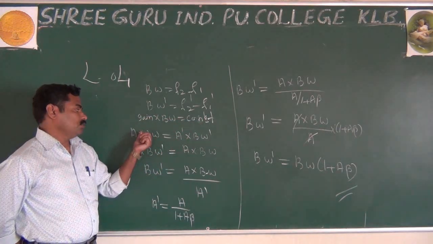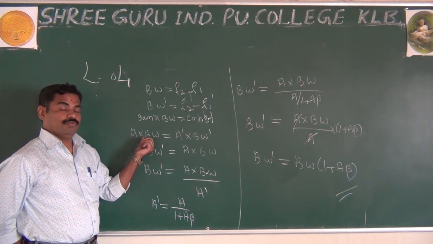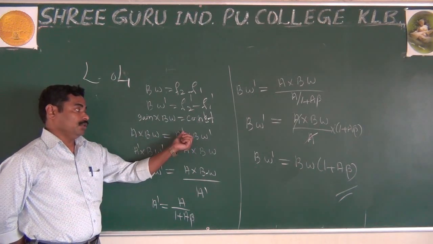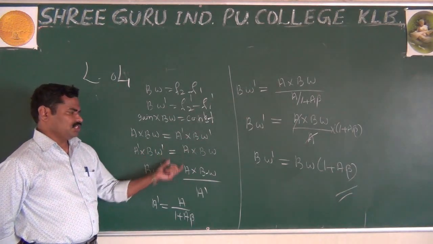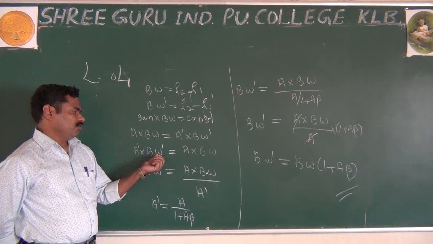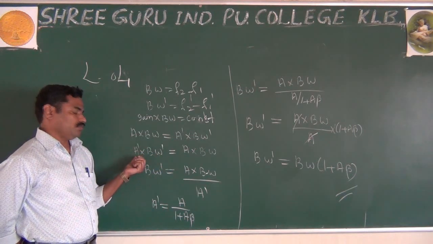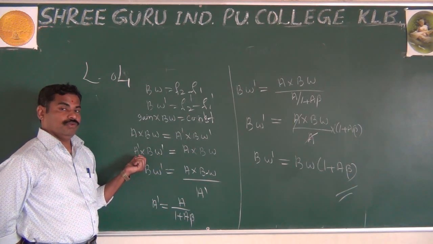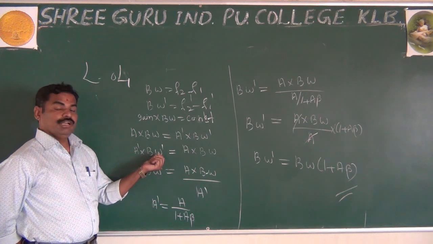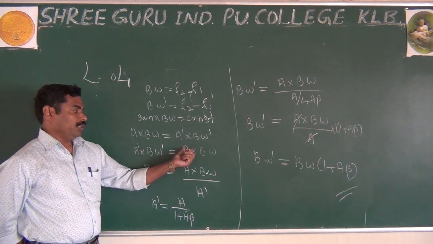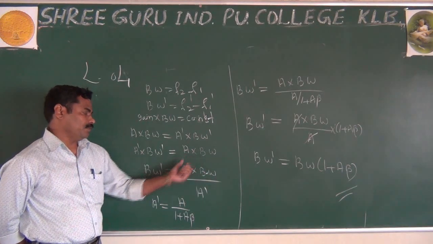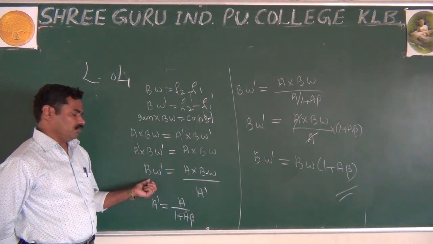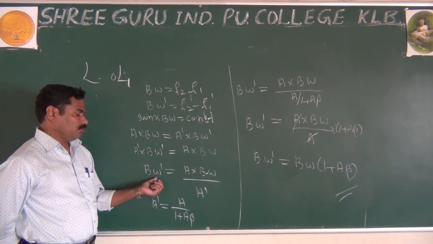And as we know, the gain and bandwidth product without feedback is equal to the gain and bandwidth product with feedback. We can simplify this: A dash into BW dash with feedback, A into BW without feedback. That is bandwidth, this is gain. We want the bandwidth with feedback.